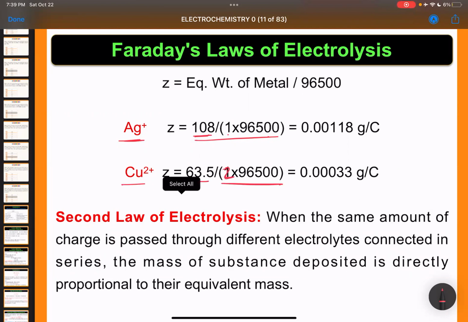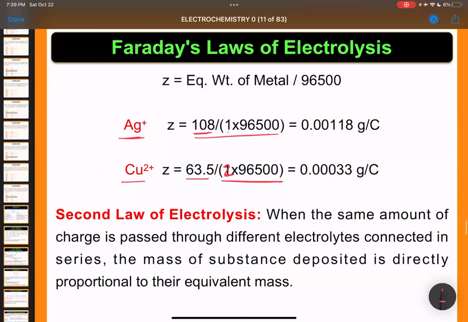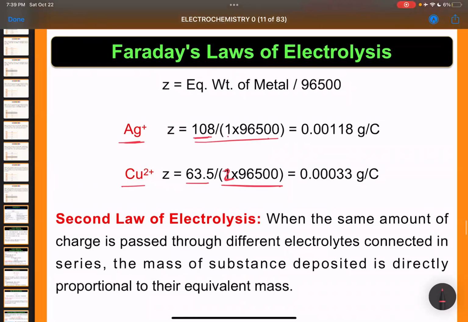And what is the second law of electrolysis? Tell me quickly.